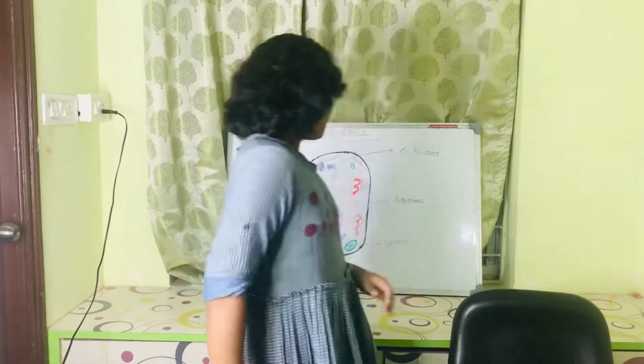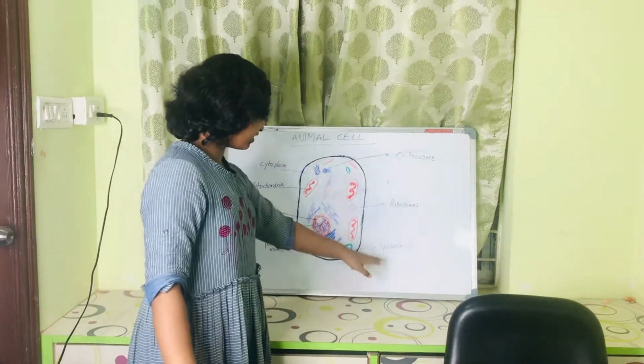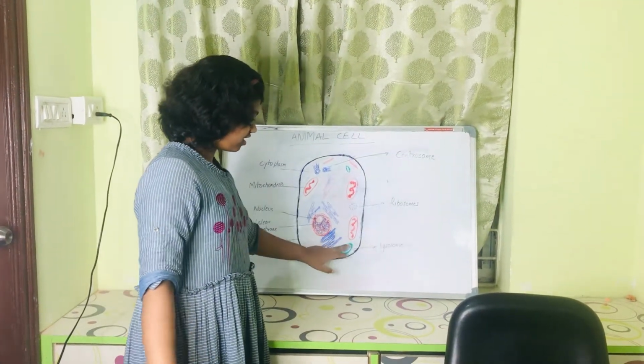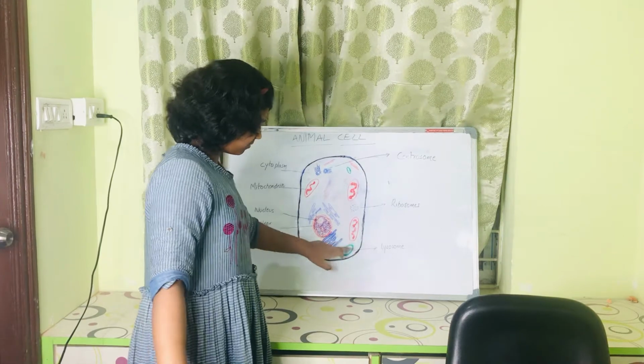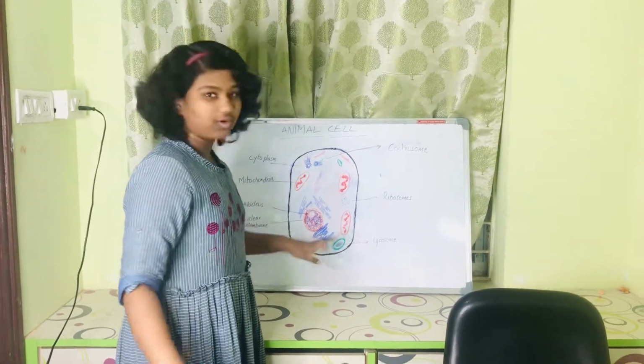We've also got lysosomes on our list. Lysosomes are nicknamed suicide bags, and they contain many enzymes that are capable of digesting many materials. I've named a ribosome, and this is a lysosome, according to my drawing.